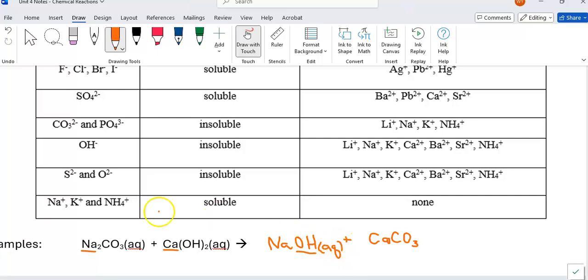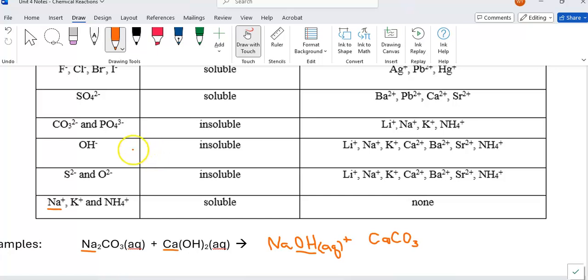It's an exception. We also have the very last rule, which pertains to a couple of positive ions. Basically anytime sodium is your positive ion, it's going to be a soluble solution. So both of those rules tell me that this is going to be soluble and therefore aqueous. So we don't necessarily have a reaction yet, okay? So let's see what the other compound looks like.